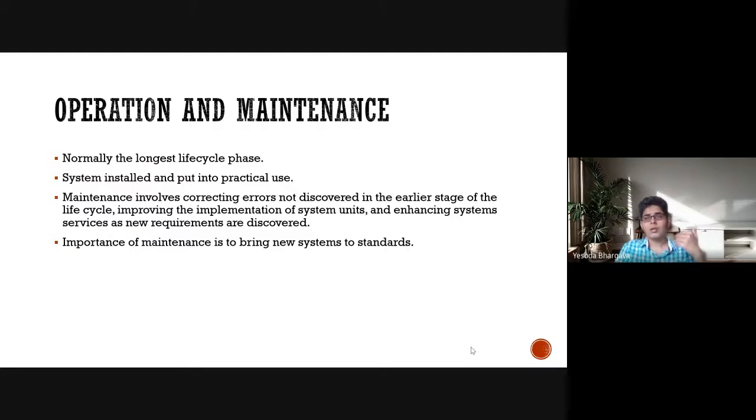So use the advantage of working in a team to increase the throughput of the product you are making, because slowly, maintenance helps in bringing new systems up to the standards of the software you have created. These were the basic stages I wanted to discuss, in the context of the waterfall model, but they are applicable at a much broader level to all software development lifecycle models.